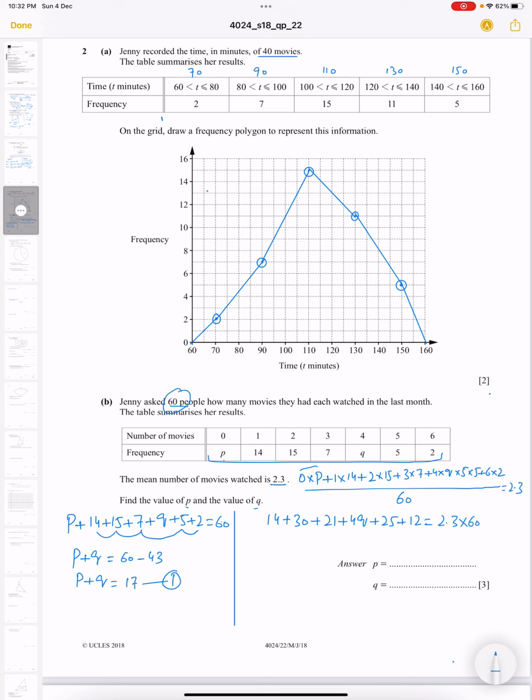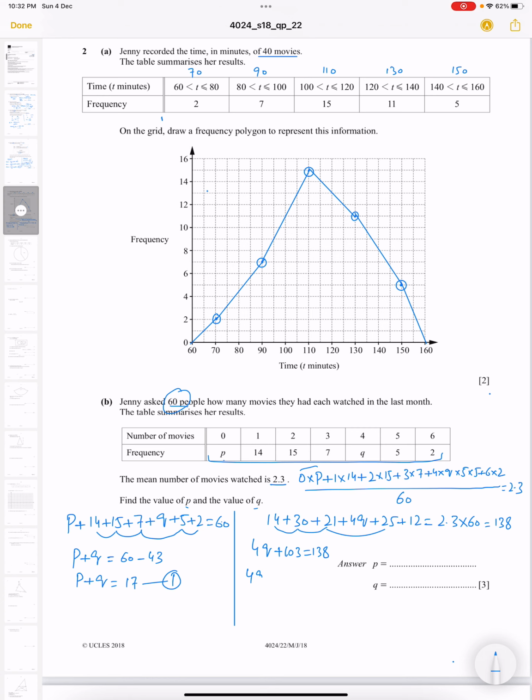So 2.3 times 60, we have 138. And the sum of these numbers here, 14 plus 30 is 44, plus 21 is 65, plus 25 is 91. 91 plus 12 makes 103. So we have 4q plus 103 is equal to 138.